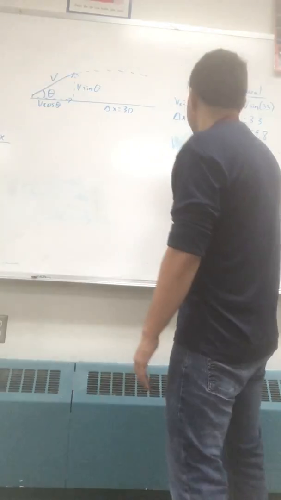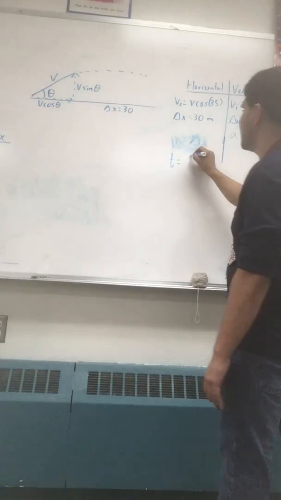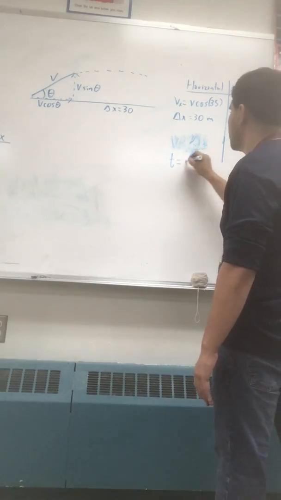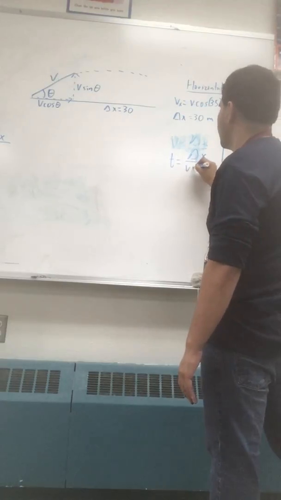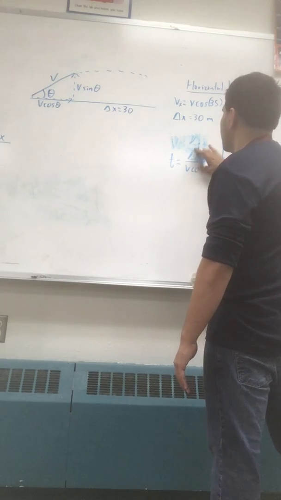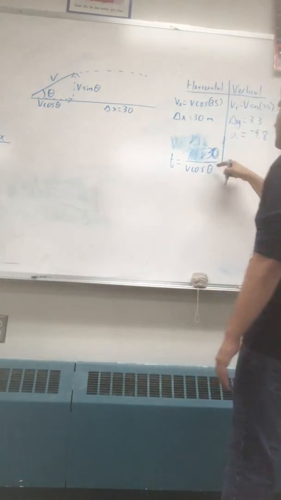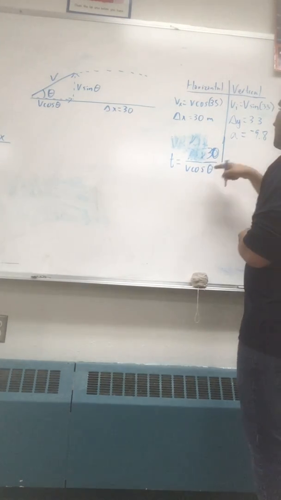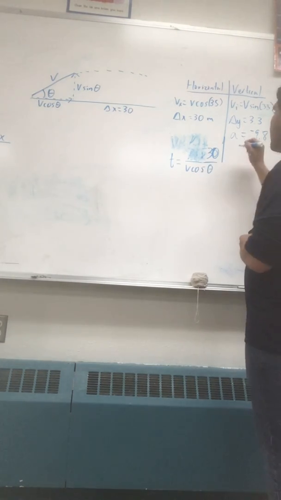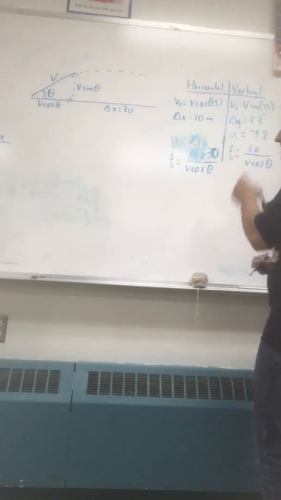So my time is equal to change of x over V cosine of the angle. And I know my change of x is 30. Sorry for the mess. My time going forward is going to be equal to my time in this direction, so that equals 30 over V cosine of the angle.